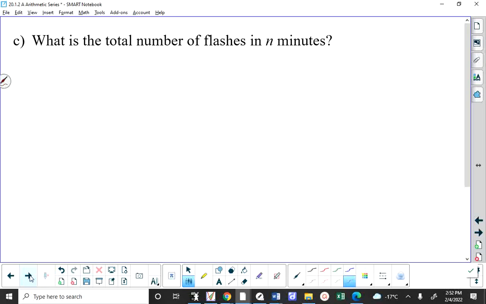And this is more of an abstract question, but I think it's a valid question for this course and our discussion, even though it might not be on an exam. How many flashes in n minutes? And it's a total. Well, Sn is n over 2 times 2t1 plus n minus 1 times d.